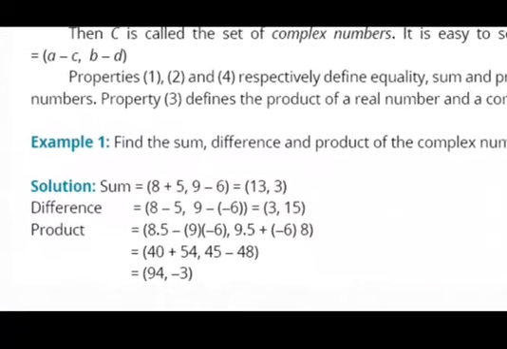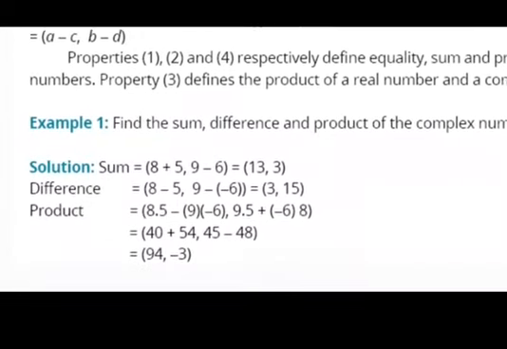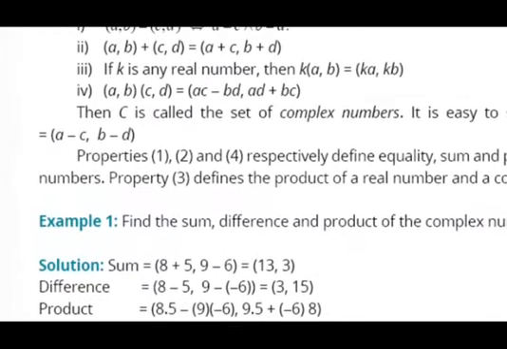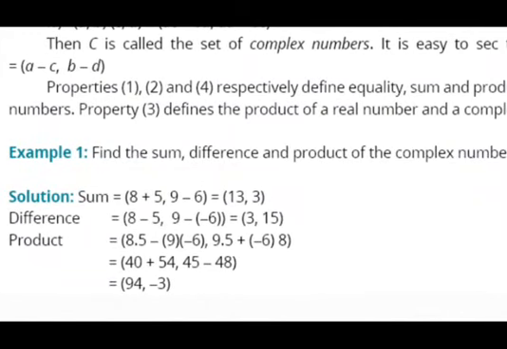And product, like the last part of the above definition, we multiply a by c minus b by d, and a by d plus b by c. In ordered form, we multiply like the above examples.